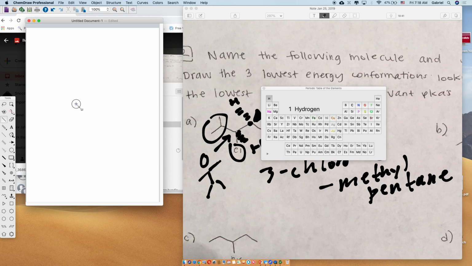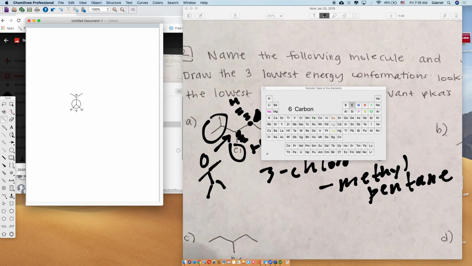Let's go back to that. That's not a good drawing. And then back here, I don't really want to draw it out too much. And back there, we've got the isobutyl group.